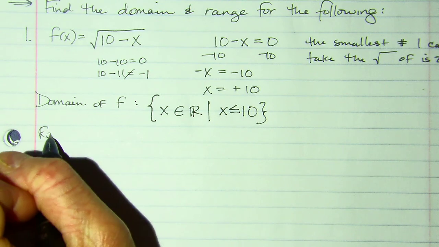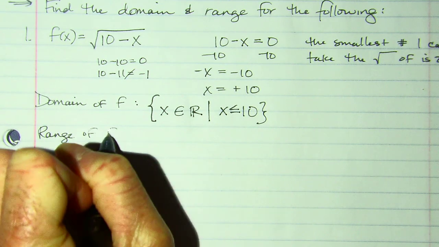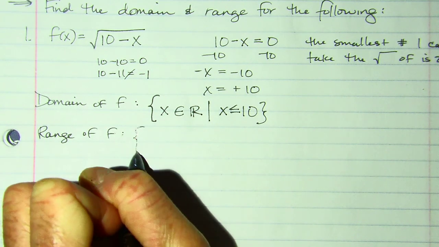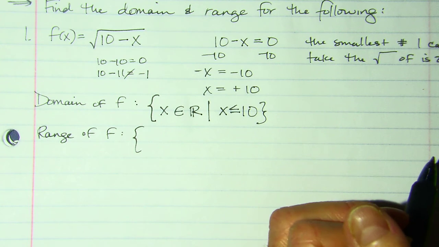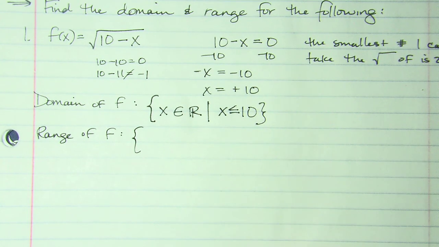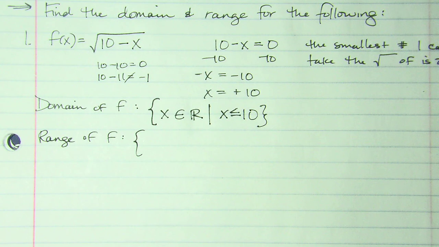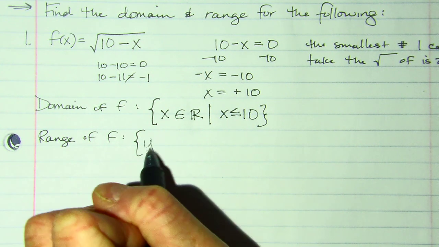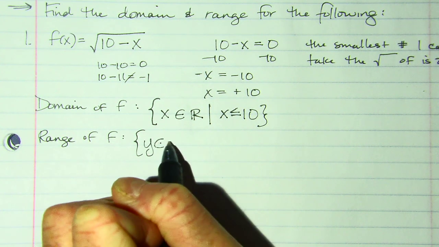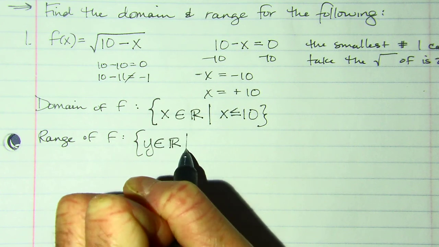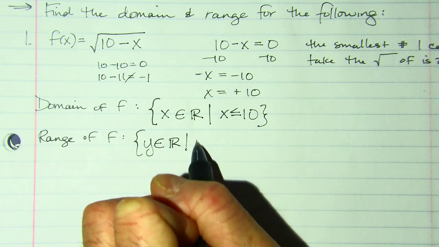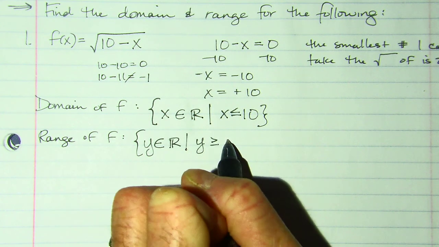if they asked for range of f. If you were to graph this, I'm never going to get a negative number when I take the square root. So y is the set of all real numbers, but it's limited, such that y is greater than or equal to 0.